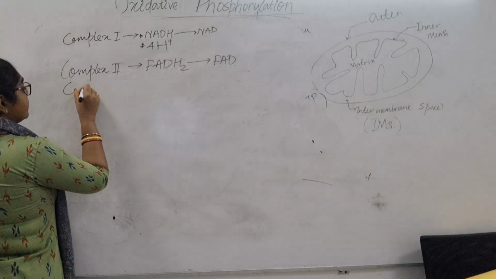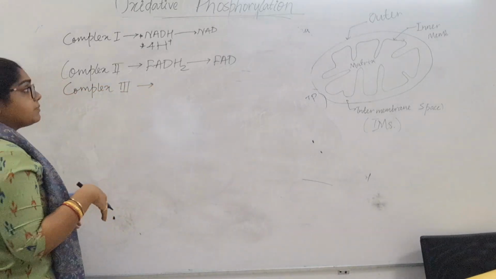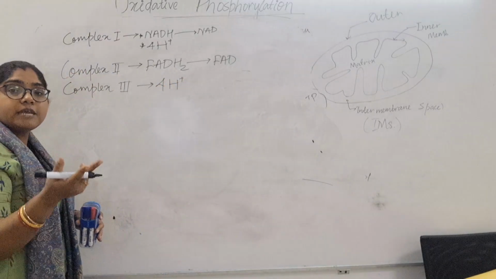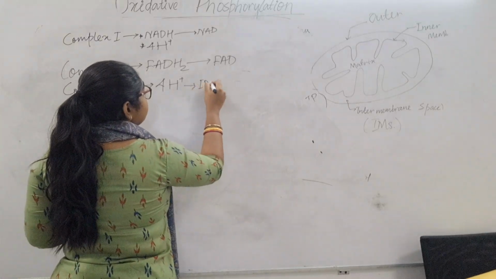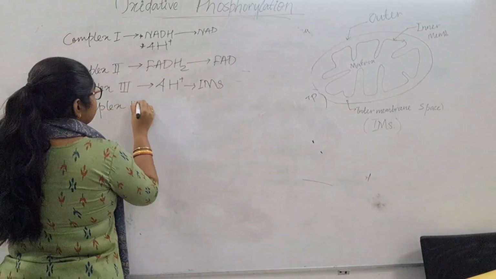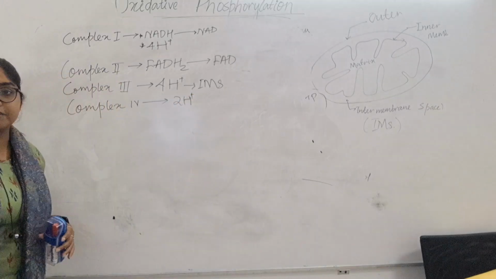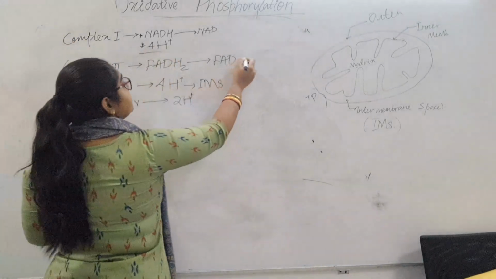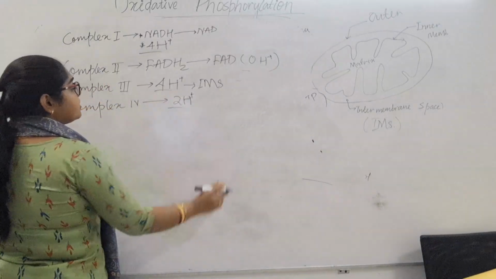In complex 3, including both steps, they transport 4 protons: 2 protons in step 1 and 2 protons in step 2. And in complex 4 they transfer 2 protons to the intermembrane space. So complex 1 transfers 4, complex 2 transfers 0, complex 3 transfers 4, and complex 4 transfers 2.